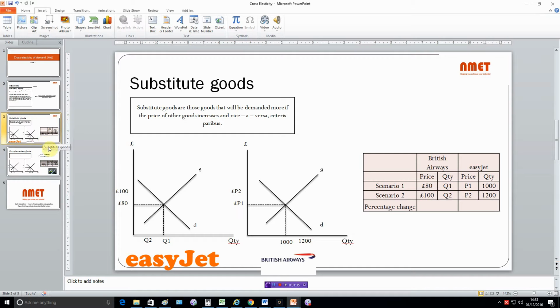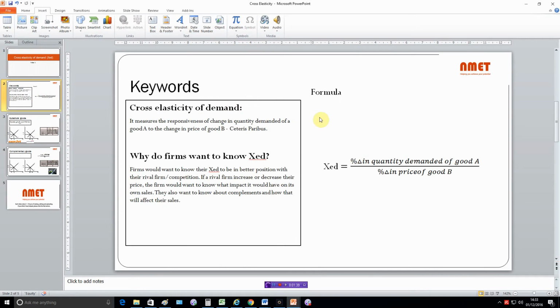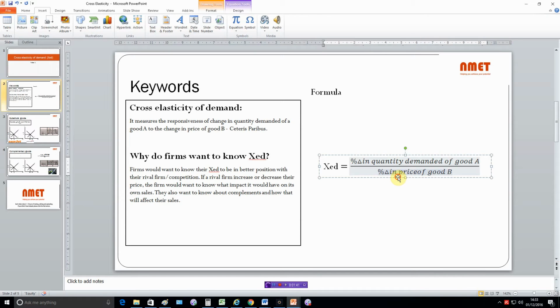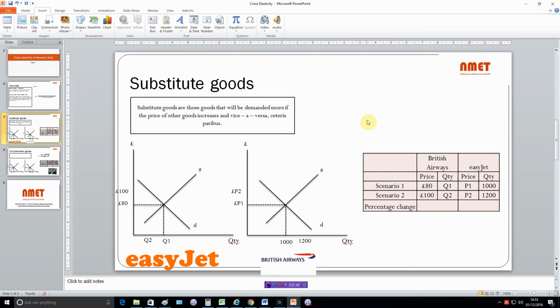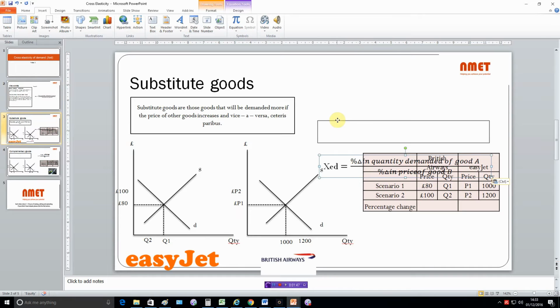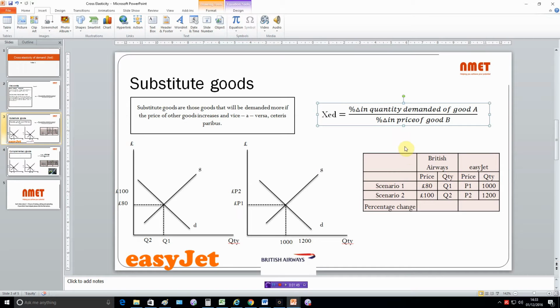I am going to bring in the equation for cross elasticity of demand: change in quantity. And what I've done over here is I have given you a tabular example.